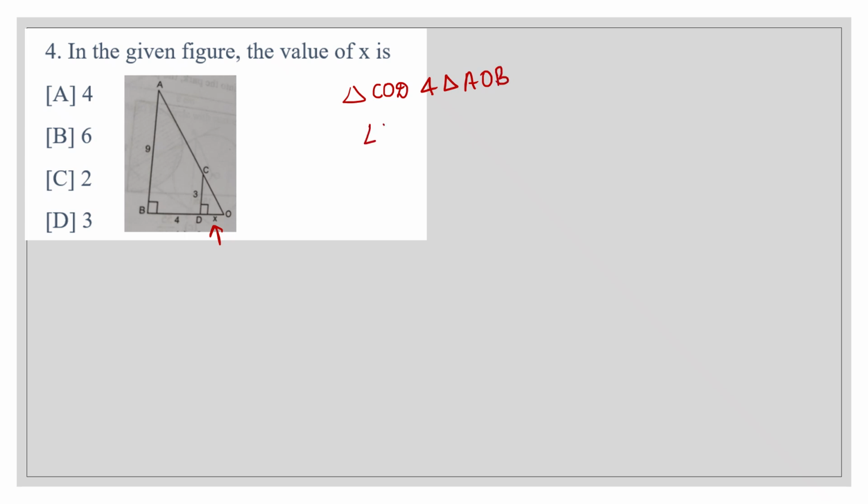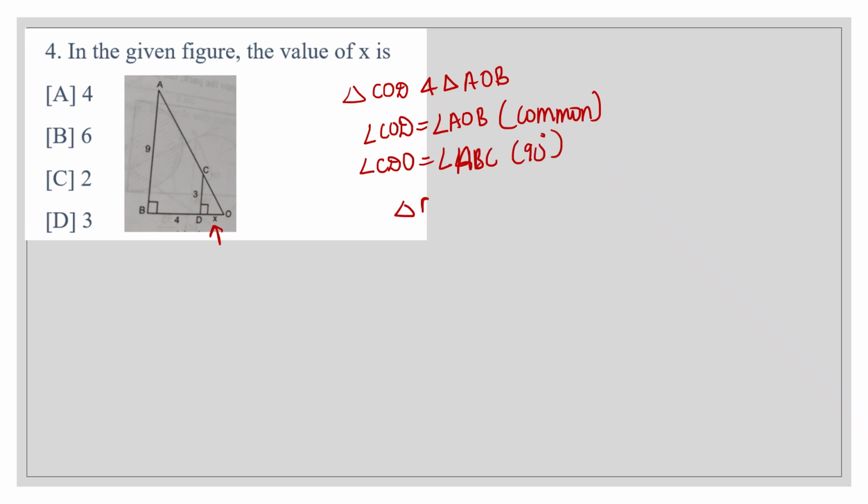Angle COD is equal to angle AOB. Angle O is common, and angle CDO is equal to angle ABO, each 90 degrees. So the triangles are similar by AA similarity.